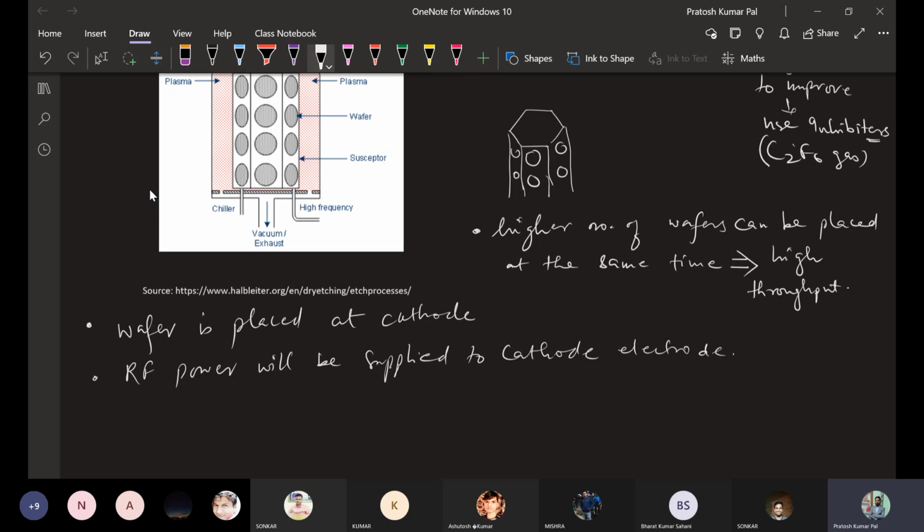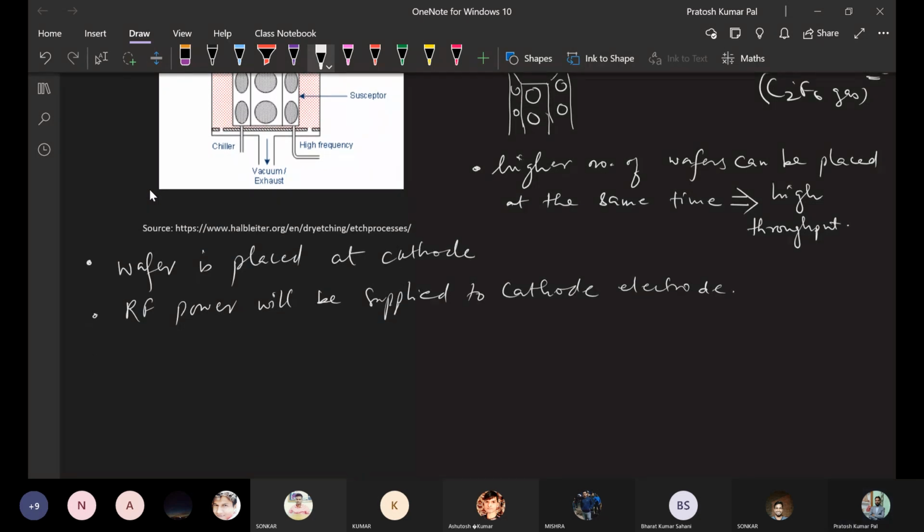So here the RF power we are supplying to the cathode terminal. This will allow the grounded electrode to have a larger area. Here we are supplying the RF power to this cathode, and this cathode is of a hexagonal cylindrical type of structure.